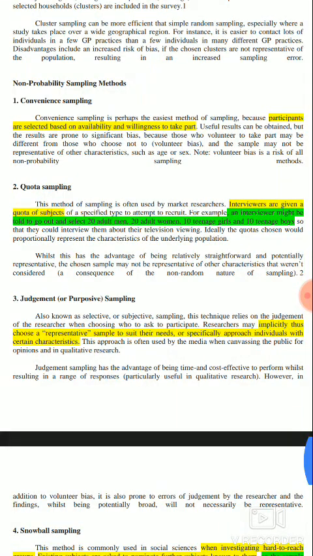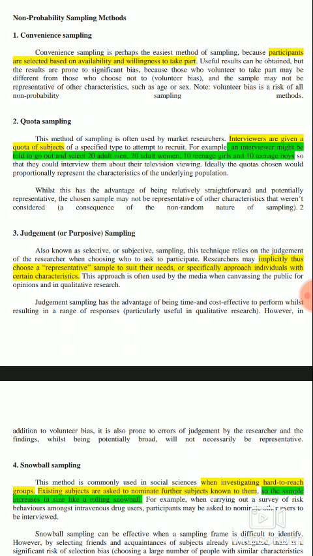Quota sampling. Here, a researcher makes some categories among the population. For example, the people of a nation will be divided into, say, three categories like poor, middle, and upper. That means poor class people, middle class people, and upper class people.